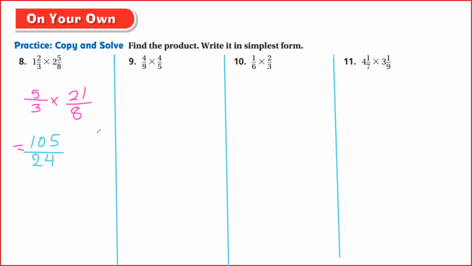The next, what do you have to do now? You will divide. Bravo. 105 over 24. 10 is still smaller than 24, so we'll use 105.